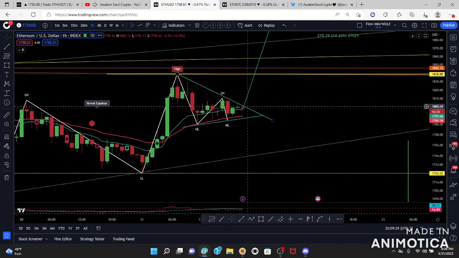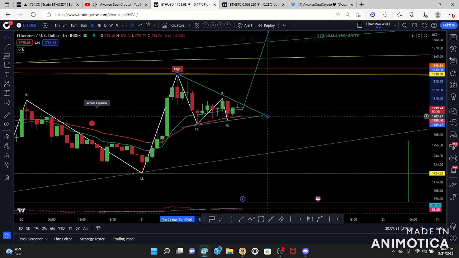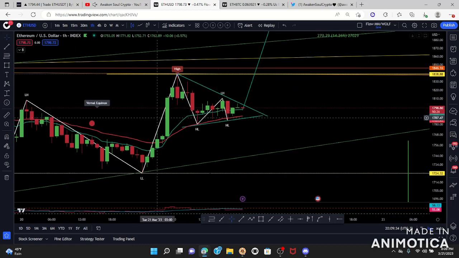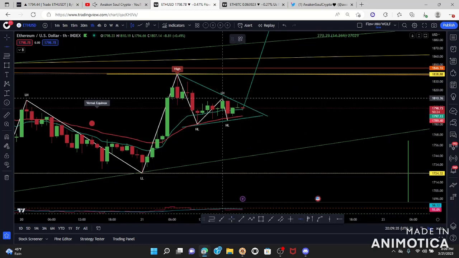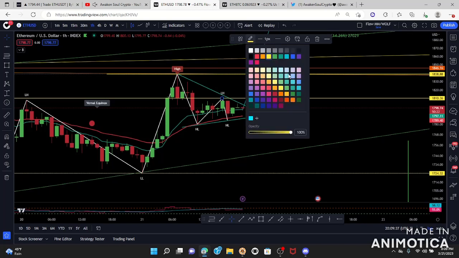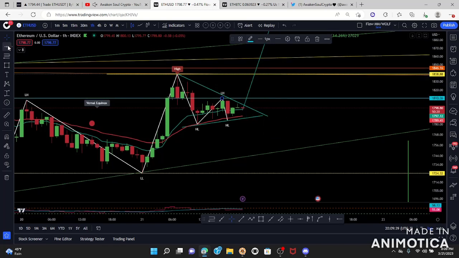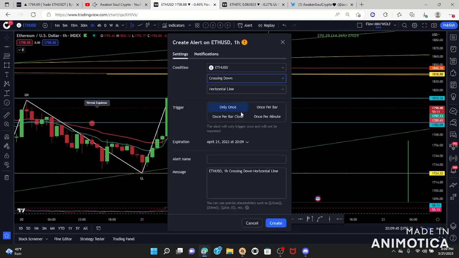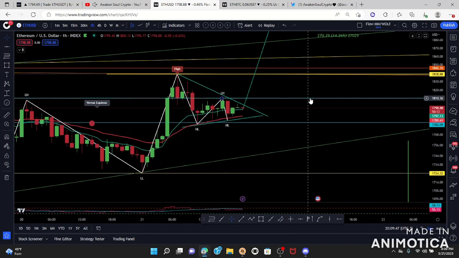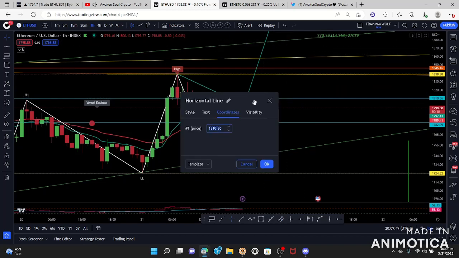Set your alarms more than anything. Set your range. So right now we are in the 1 hour. This is gonna be my high. This is my low. So I'm gonna set alarms here, crossing down. And it's not an alarm for me to run into the market and just, oh, it's going up, sell. It's an alarm that it's moving. That's all it is.